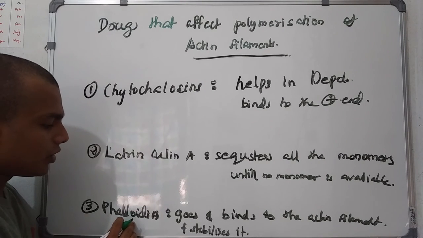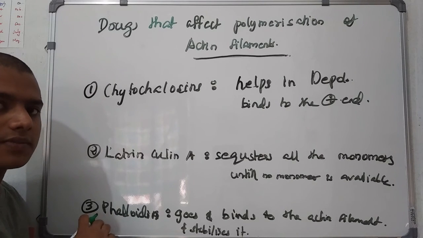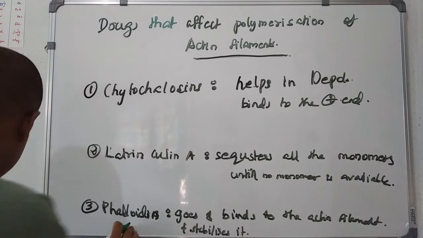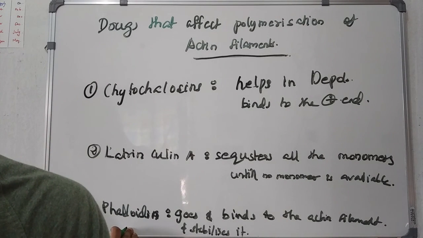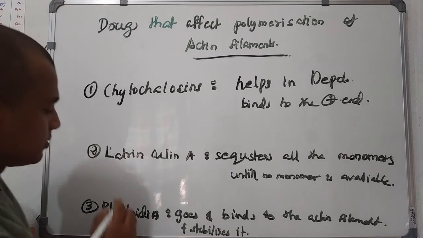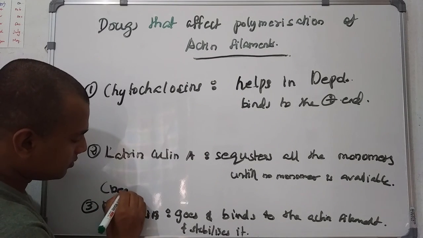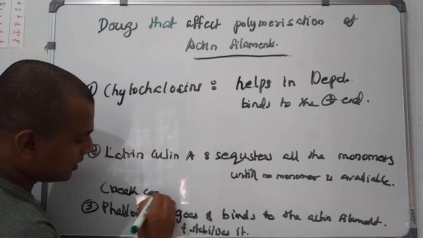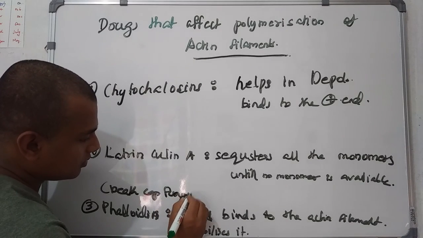That's the duty of phalloidin, and phalloidin is extracted from the most poisonous mushroom present on the planet, which is the death cap fungus.